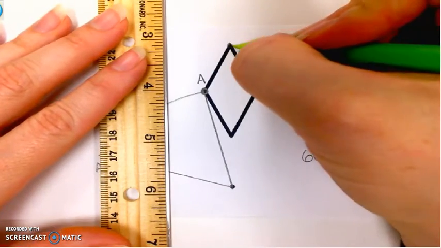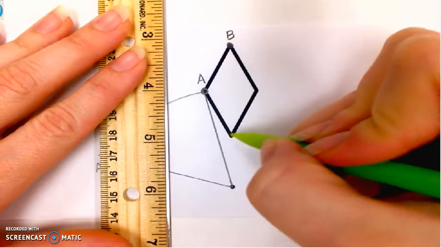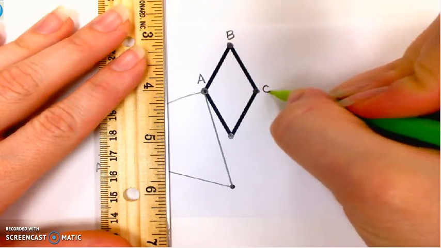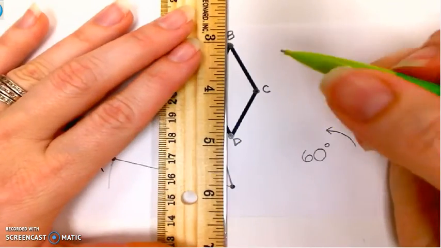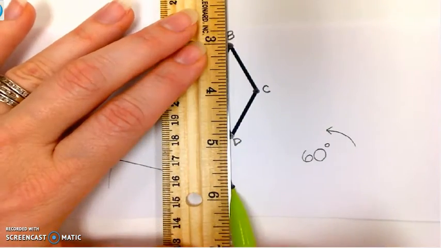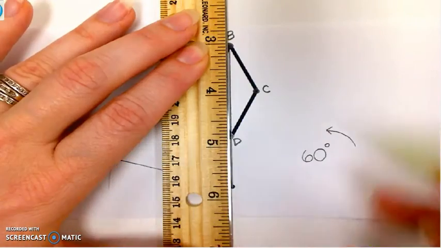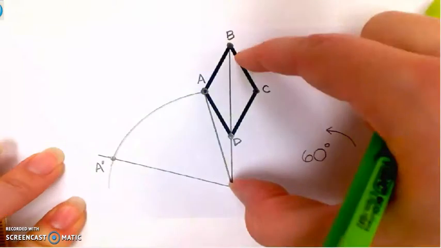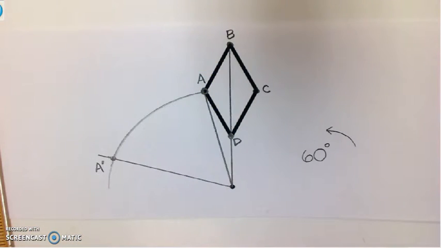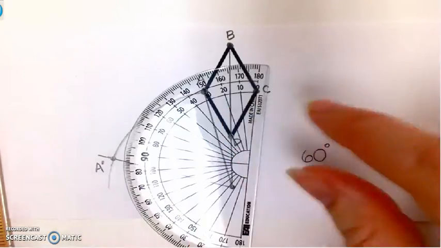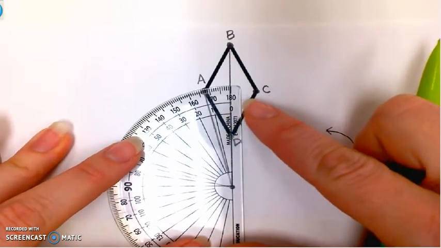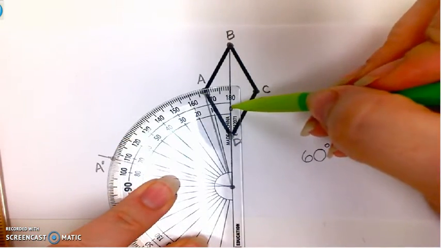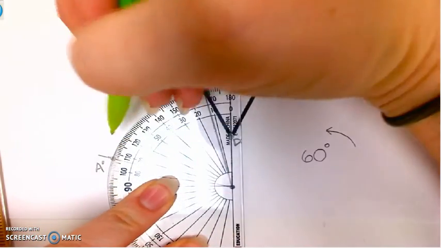Let's do B. And as long as we're doing B, I feel like we could do this point too. If we call that one C, let's call this D. I think we can do B and D at the same time because they're lined up. So wherever B and D go, they'll kind of move together. And if we can picture those going 60 degrees as well, again, we'll line up our protractor at 0 with the pre-image, and we're going to rotate 0, 10, 20, 30, 40, 50, 60.